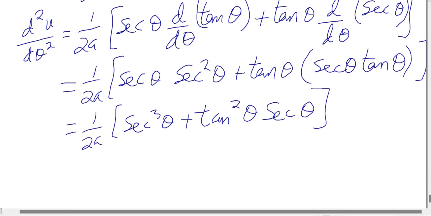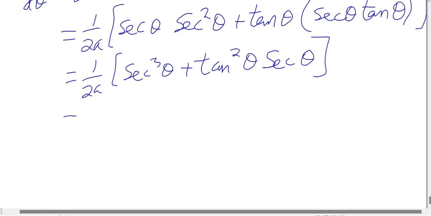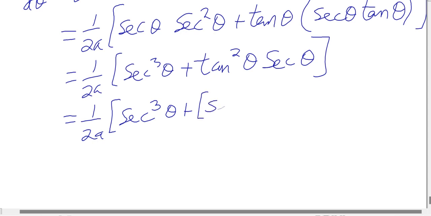Now, from trigonometry, we can write 1 over 2a. Remember, the first term just remains that. But the second term, tan squared theta, can be expressed as sec squared theta minus 1.